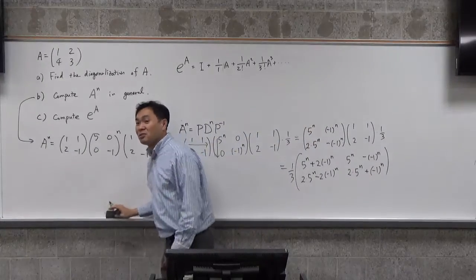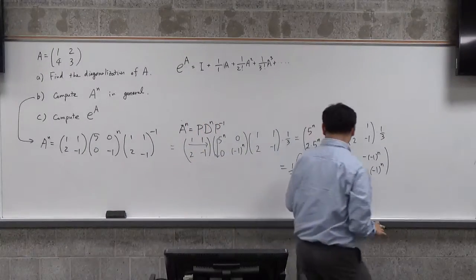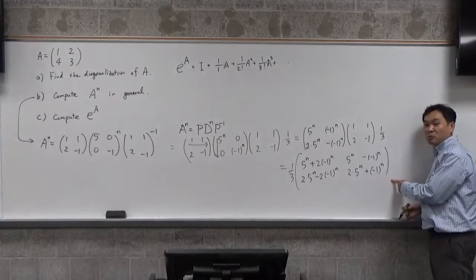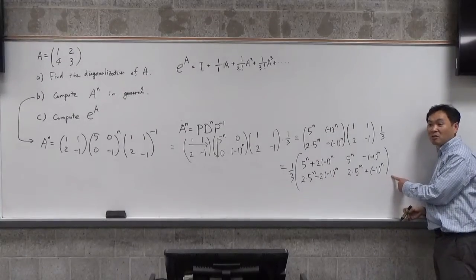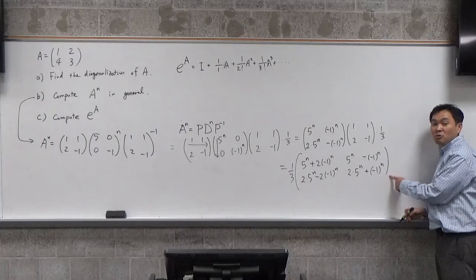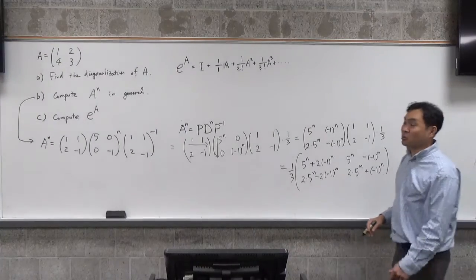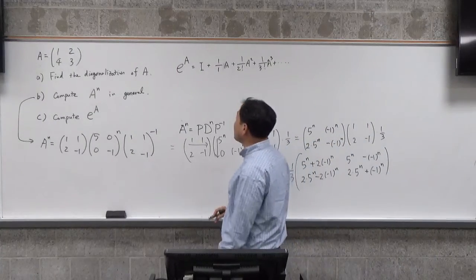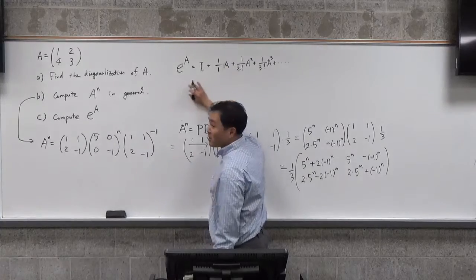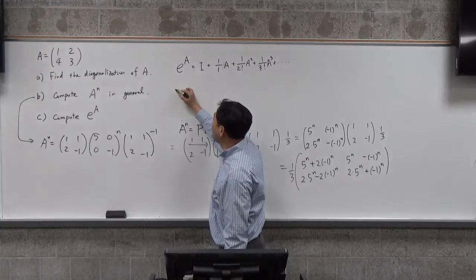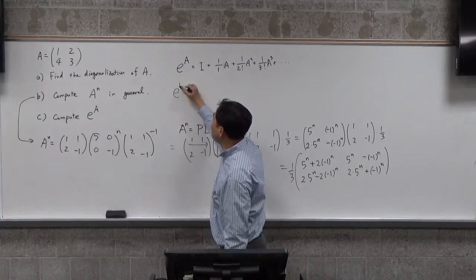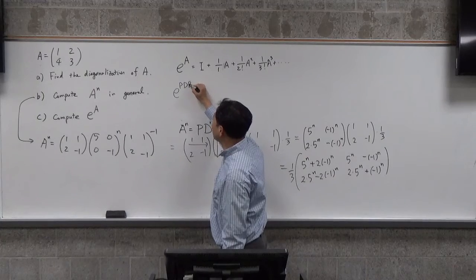Again, this is extremely hard. Even if we know A to the n, it's extremely hard. So instead of using this, we'll take a slightly different approach. We already know that A can be diagonalized, right? So we know that A is what? It's P D P inverse.